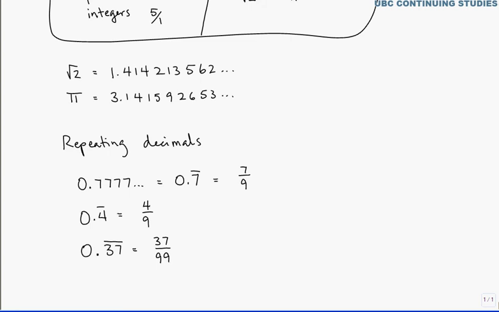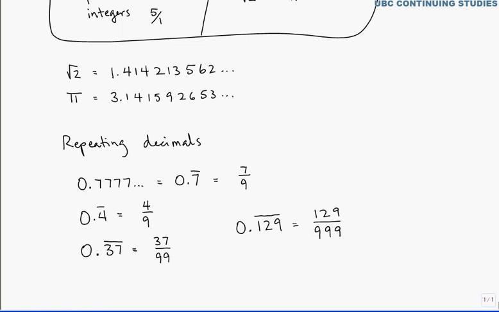Same thing if you have three numbers, let's say 0.129, all three of those repeating. This would simply be 129 over three 9s, 999.